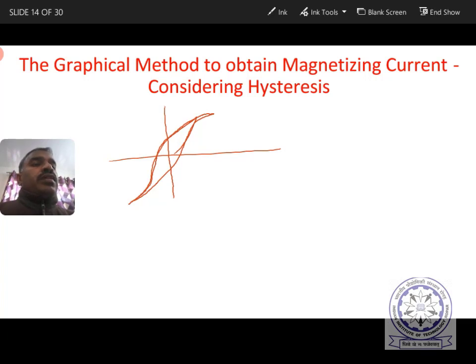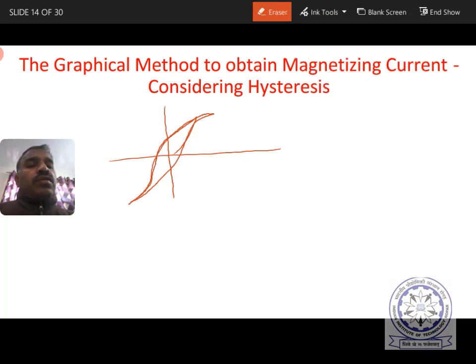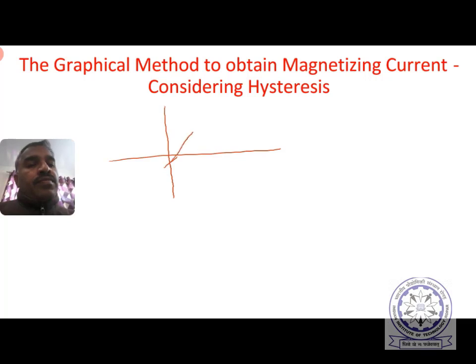I have to redraw this one. Now it will go up like this. This is how the hysteresis characteristic will look.